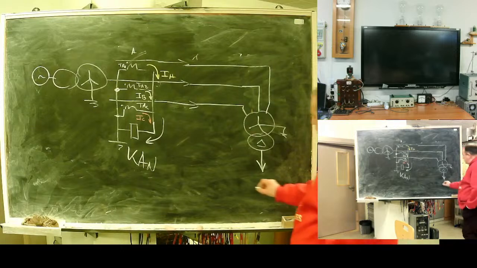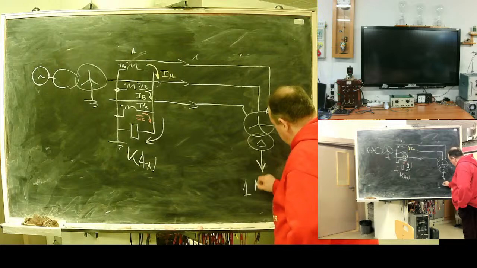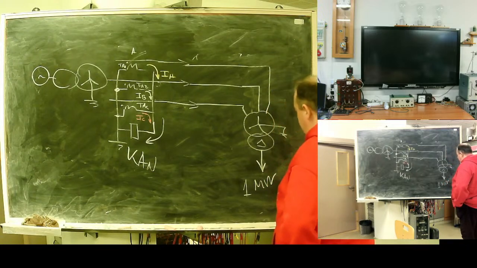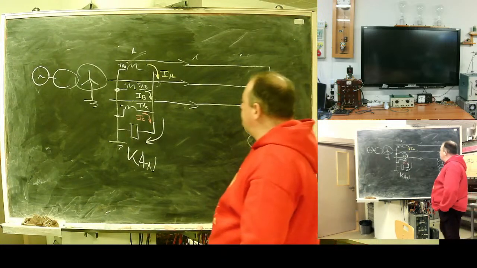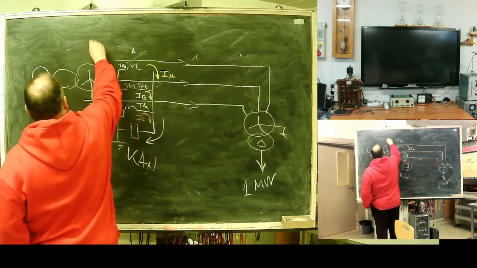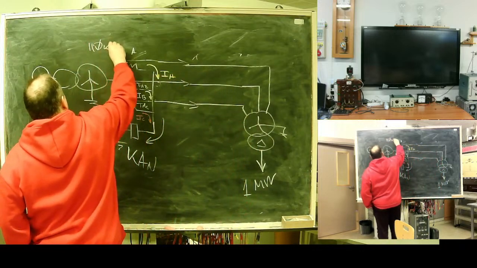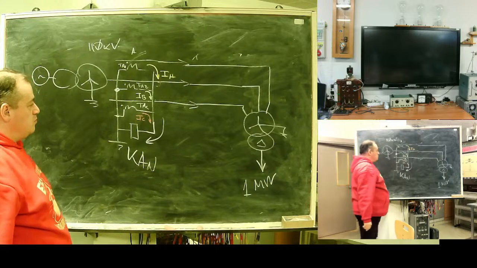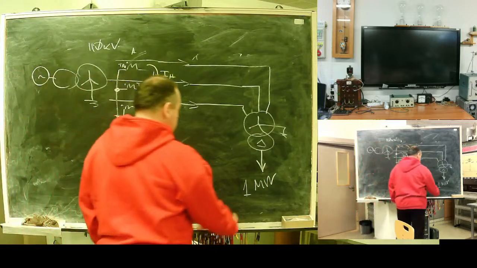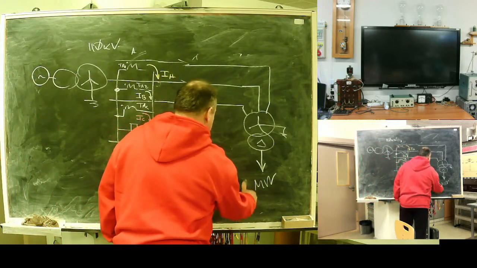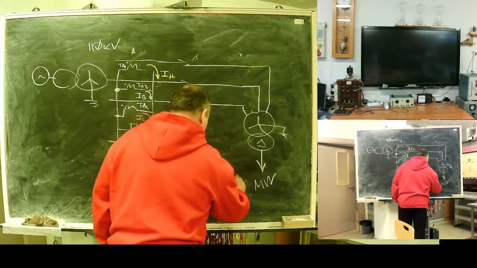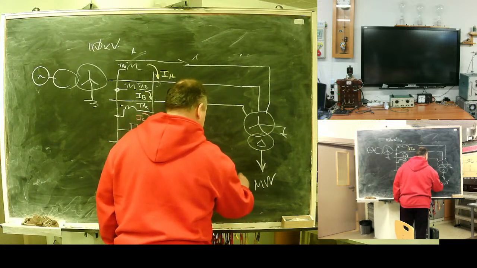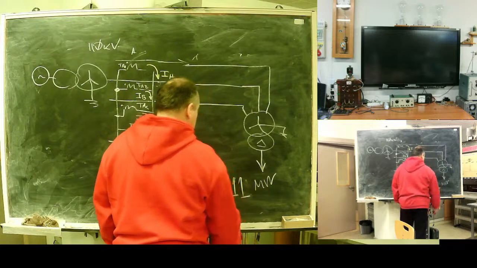For example, here is 1 megawatt of power. Voltage 110 kilovolts. 1, not enough. 11 megawatts of power.